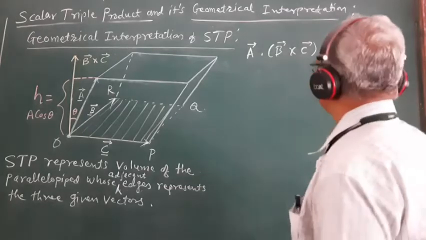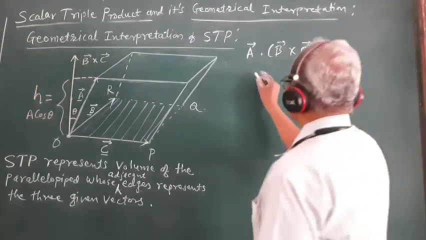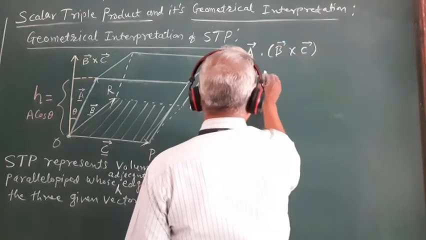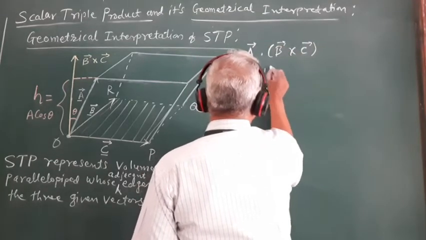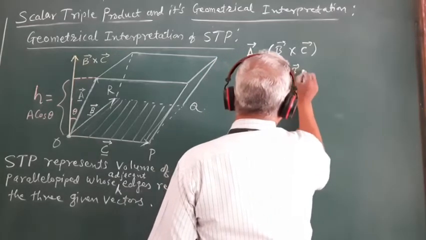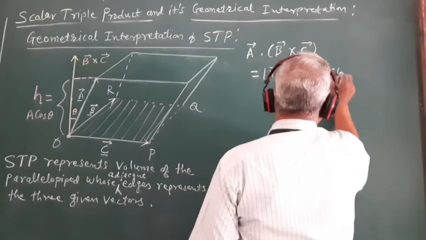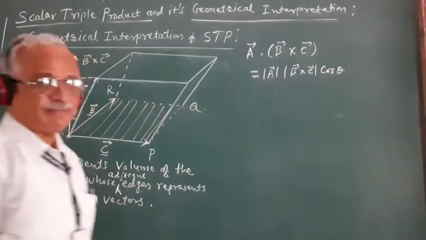As we know that this dot product is expressed as the product of the magnitudes of the two vectors and cosine of the angle between them.